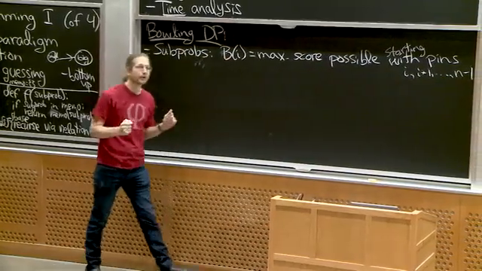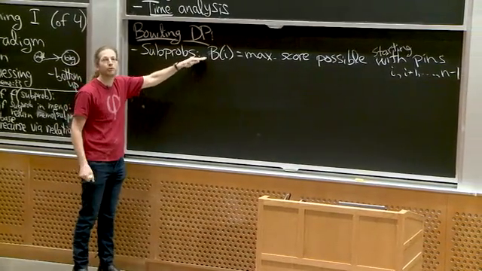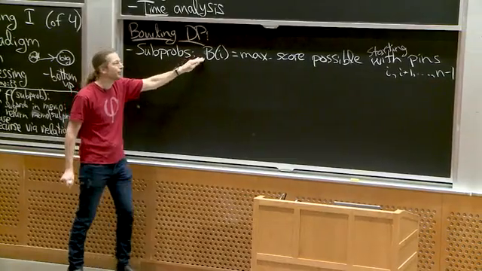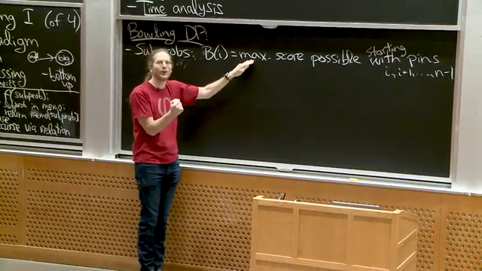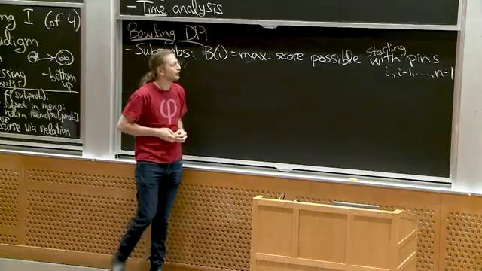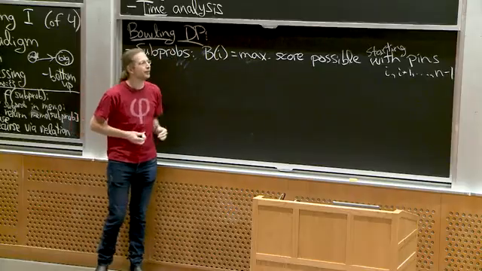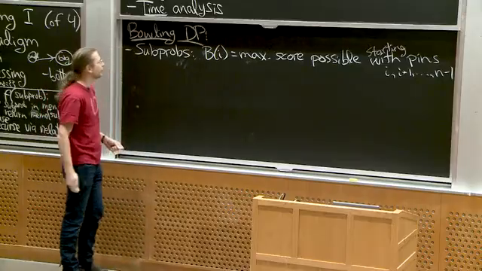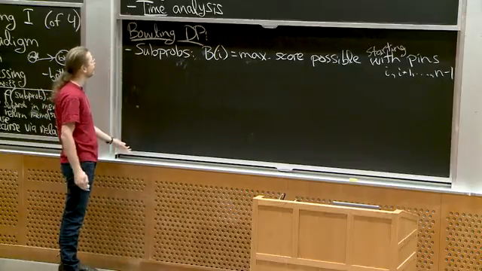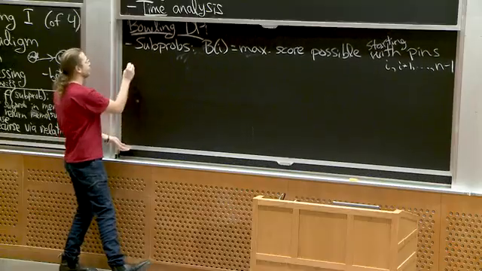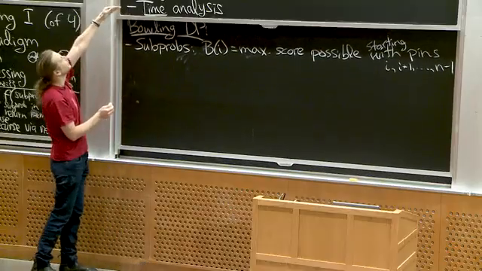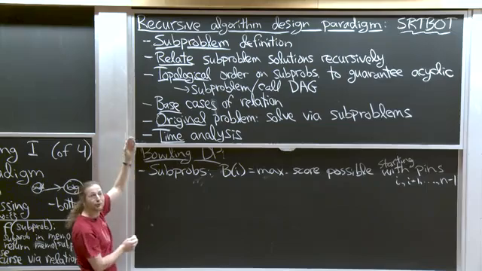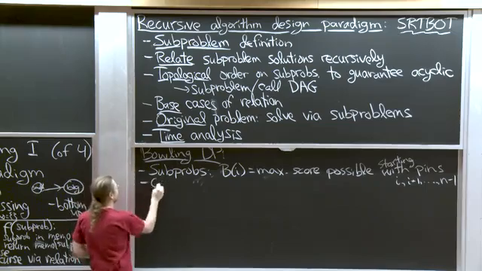Whenever you write a dynamic program, it's very important to define what your subproblems are. Don't just say how to compute them, but first say what the goal of the subproblem is. This is a common mistake, forgetting to state what you're trying to do. Now I've defined B of i. What is the original thing I'm trying to solve? You can put the O earlier in SRTBOT, and then it actually spells SORT, so why don't I do that for fun?